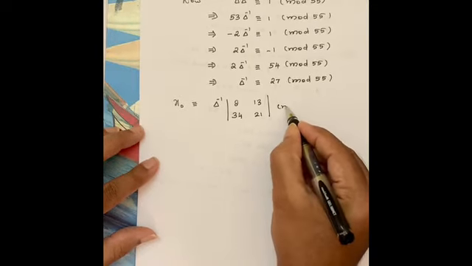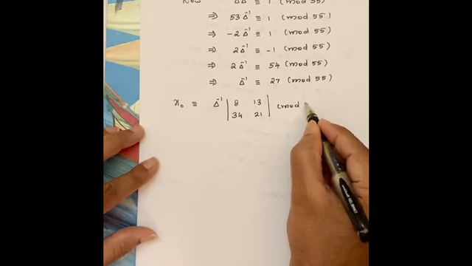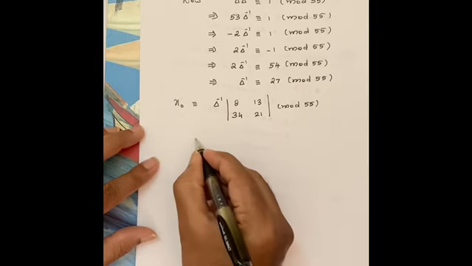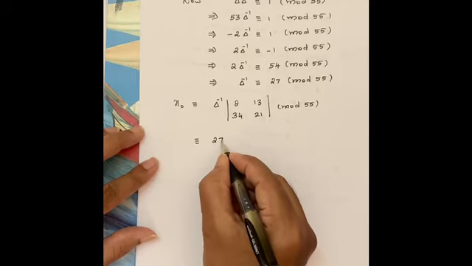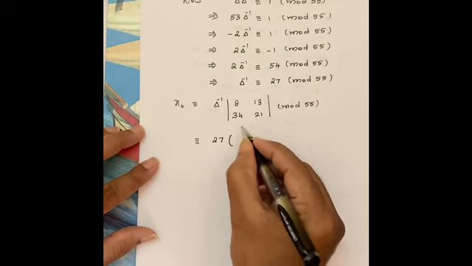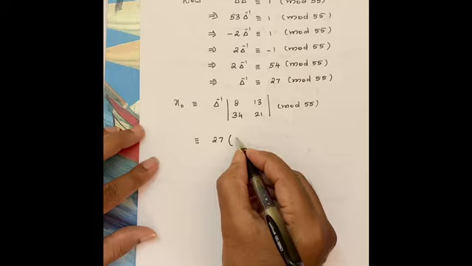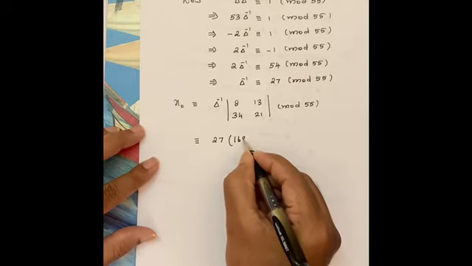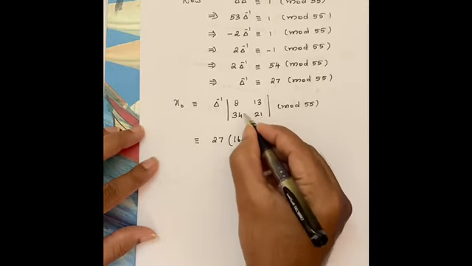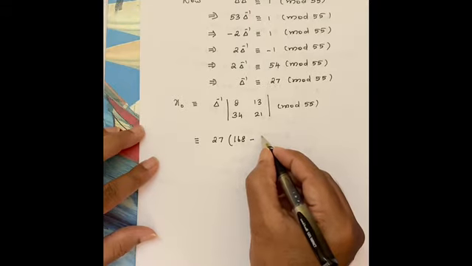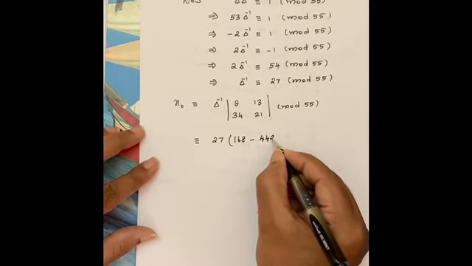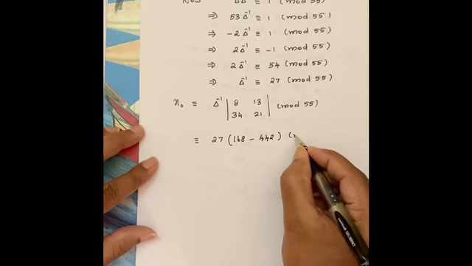Here I can write modulo 55, which is congruent to delta power minus 1. Already we found it is 27. This value we can calculate. 8 times 21 is 168 minus 13 times 34 is 442, modulo 55.